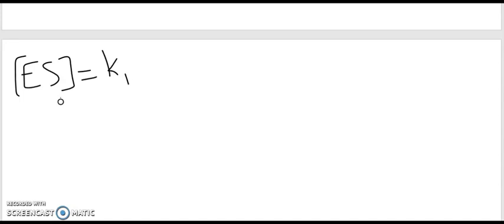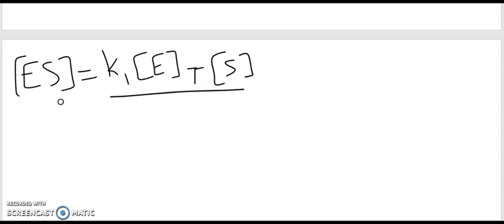And when we do that, we get ES equals K1 times E total times S divided by K1 times S plus K minus 1 plus K2.